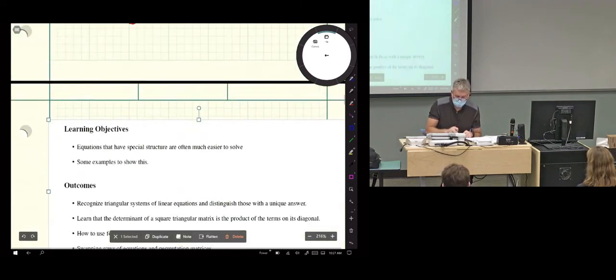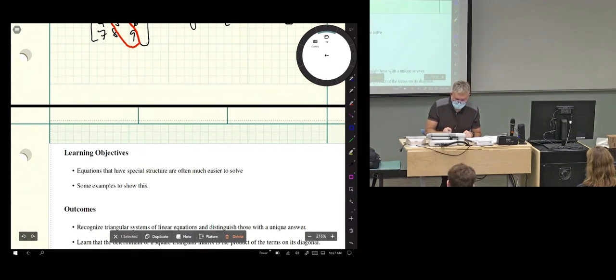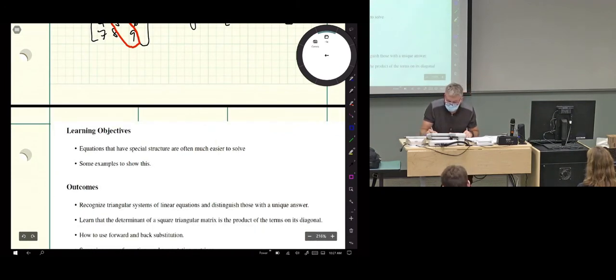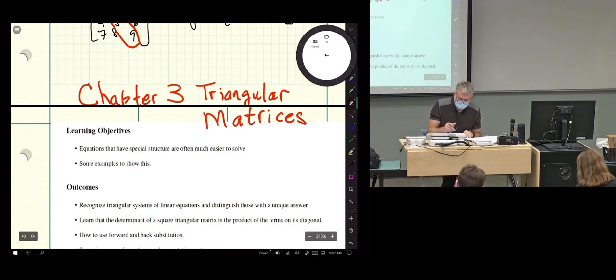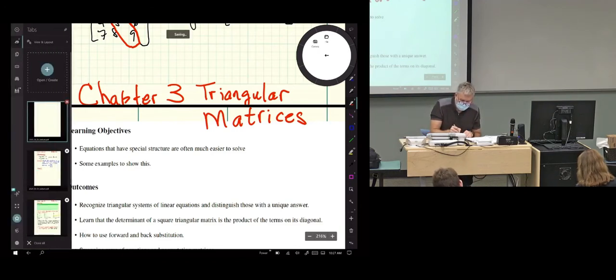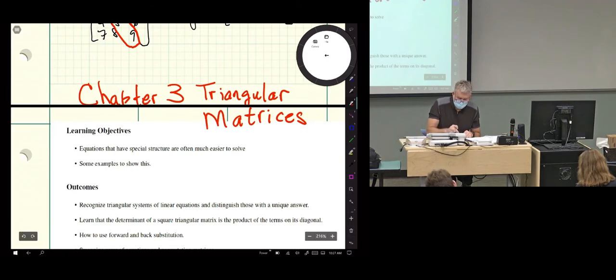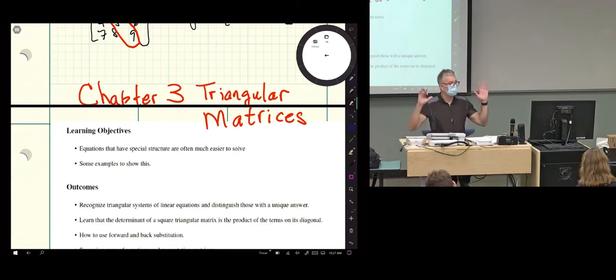You're hiding from me. Okay, so now we're starting chapter 3. Okay, so this is chapter 3 on triangular matrices. And the big deal here is this is our first glimpse at how we can start solving super large systems of linear equations.